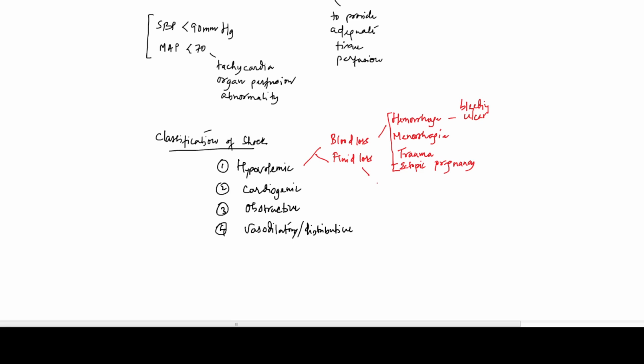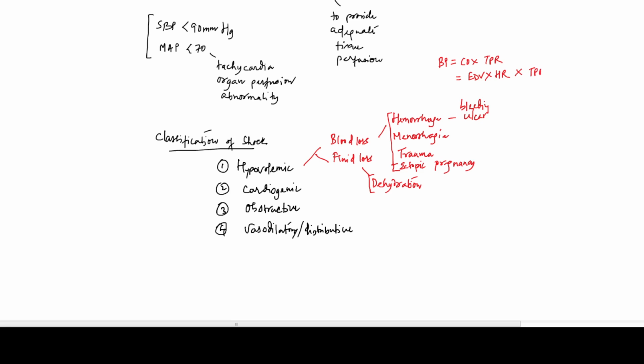Fluid loss could be due to dehydration, or if the person is having uncontrolled diabetes mellitus. Those kinds of conditions can cause fluid loss. So we know blood pressure equals the cardiac output times total peripheral resistance, and cardiac output is end diastolic volume times heart rate.